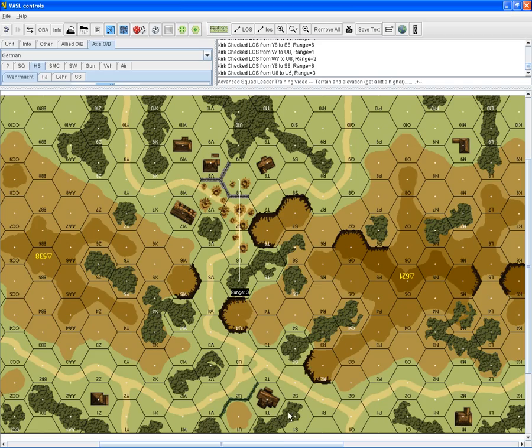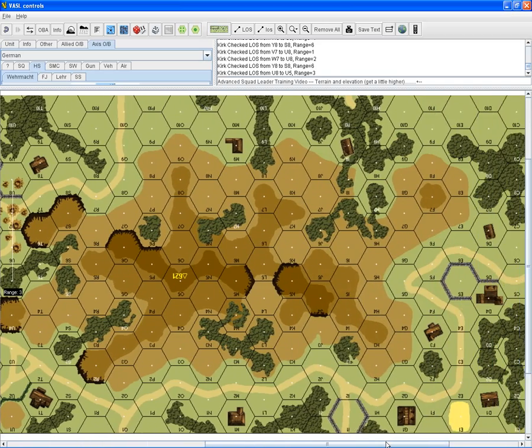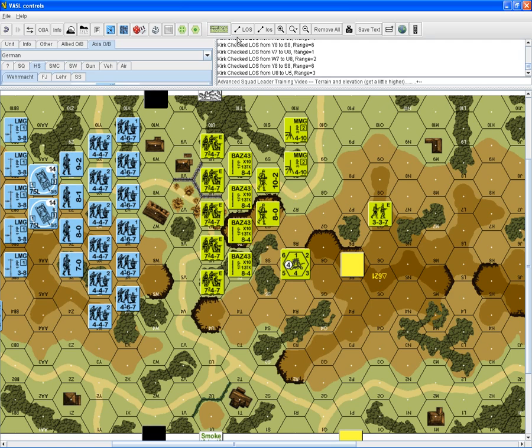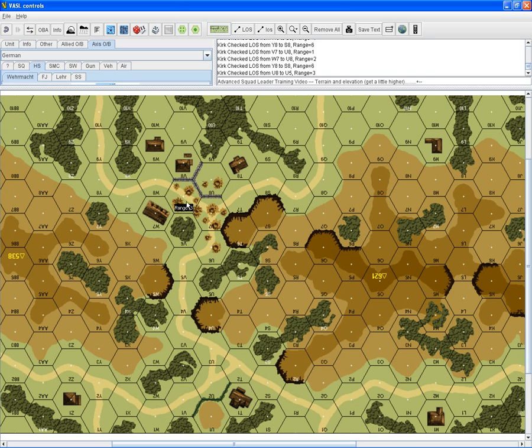Some of the other terrain on this map that we're going to look at is hexes such as V7 here and U7 here. These are shell hole hexes. They are TEM of +1, and they have some uniqueness about them in that infantry can spend either 1 or 2 movement points to enter into the hex.